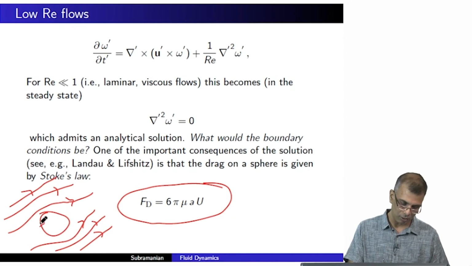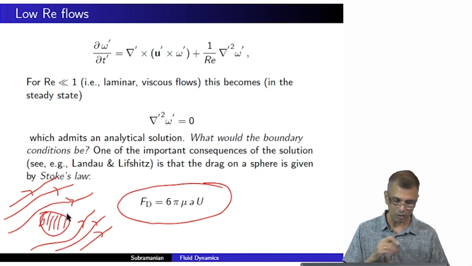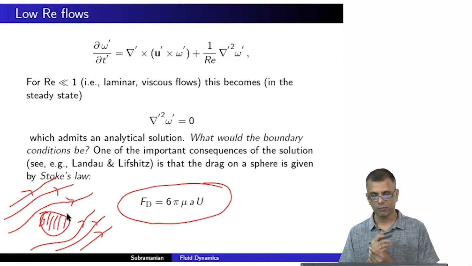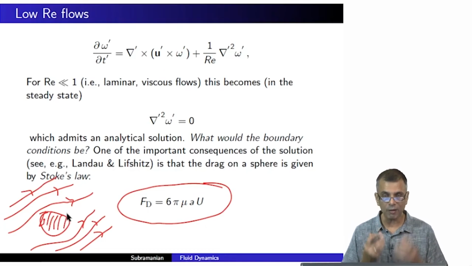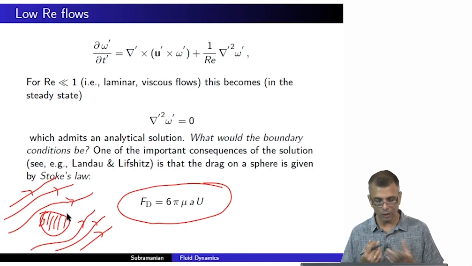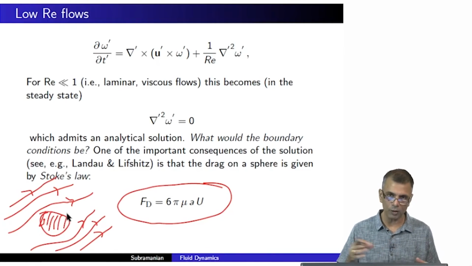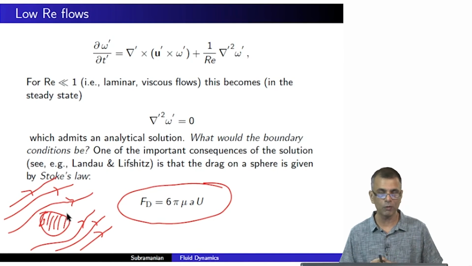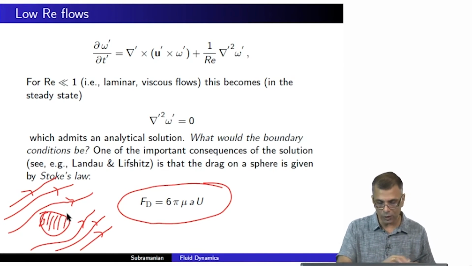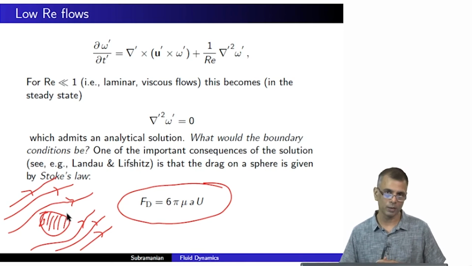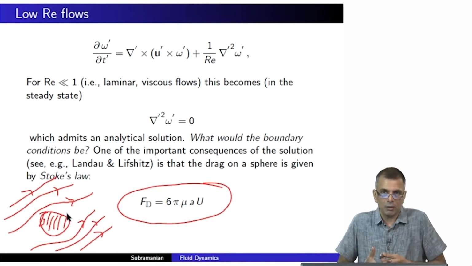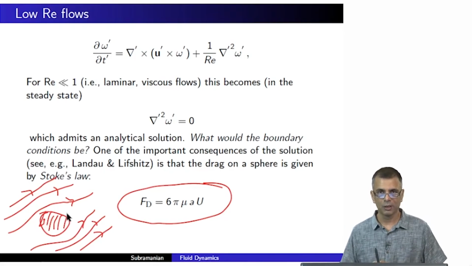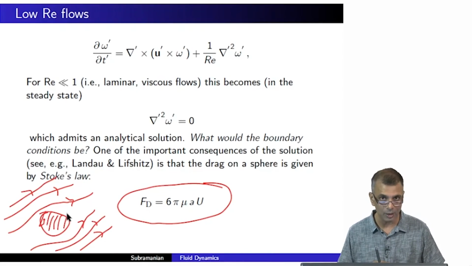And this is the sphere. Not a very good drawing, but this is a solid sphere. Now, what's your expectation of the drag on a sphere, right? Either the fluid is flowing past it, or equivalently, you are trying to move the sphere inside the fluid, and your everyday experience tells you that there will be some drag. It's not a completely frictionless situation, right?